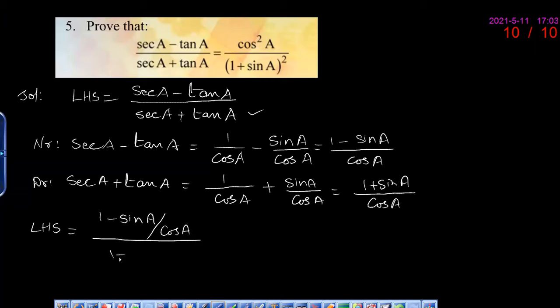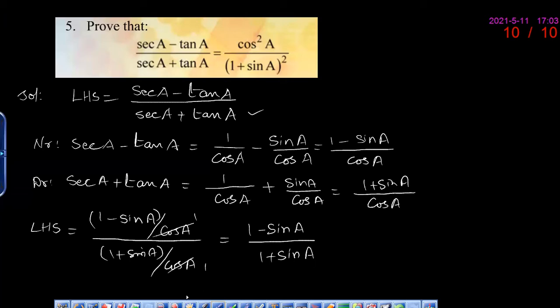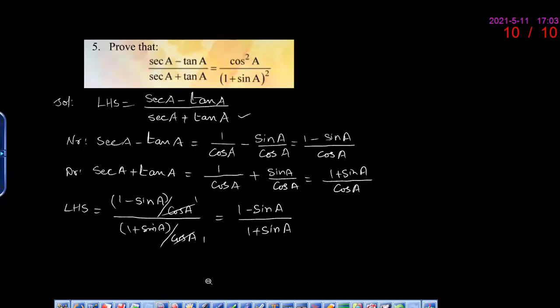Now further simplifying LHS, the numerator is 1 minus sin A divided by cos A, divided by 1 plus sin A divided by cos A. Now cos A we can cancel, so the leftover is 1 minus sin A divided by 1 plus sin A. Now further you have to multiply with 1 plus sin A in numerator and denominator.